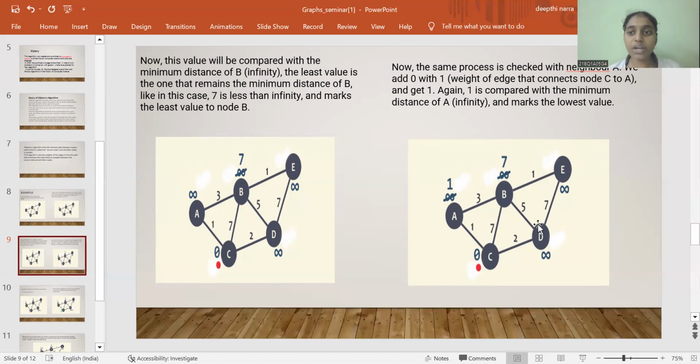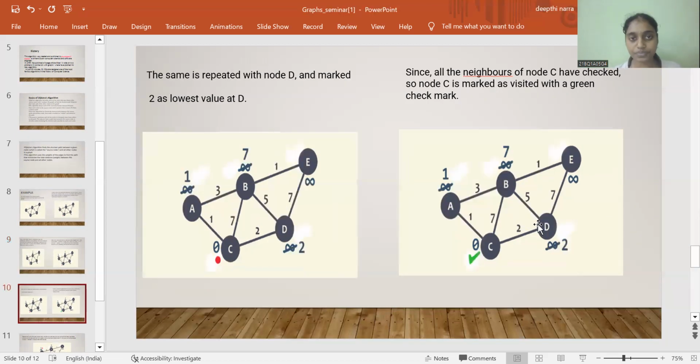Again, 1 is compared with the minimum distance of A and we mark the lowest value. So the value of the node A is 1. The same is repeated with node D and we mark 2 as the lowest value at D. Since all the neighbors of C have been checked, C is marked as visited with a green check mark.